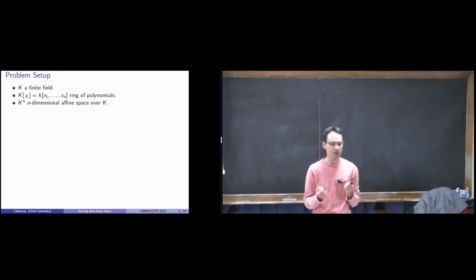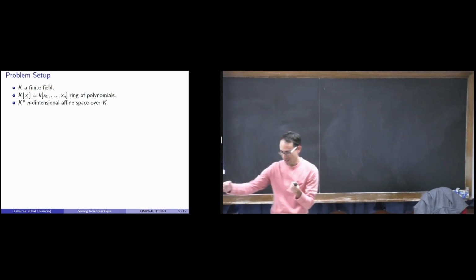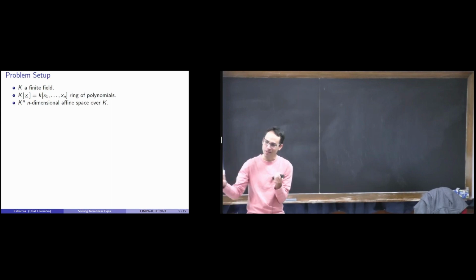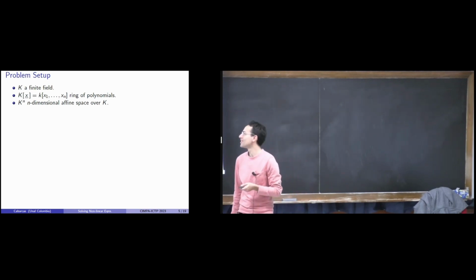You have other tools. Over a finite field, you're a little bit limited, but on the other hand, it's finite, and you can actually list the solutions. You can list the elements. You can do other things. In cryptography, the applications are usually over finite fields. So that's why I'm going to be working on finite fields.